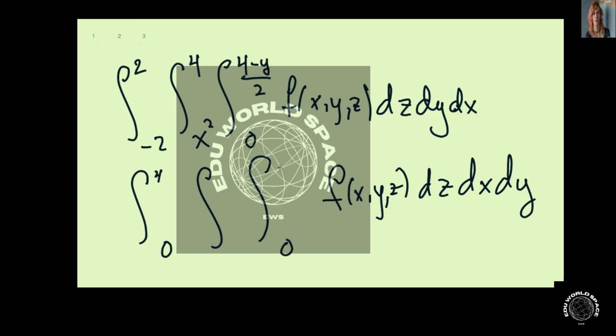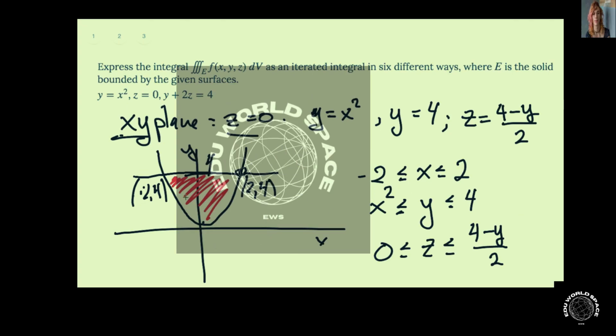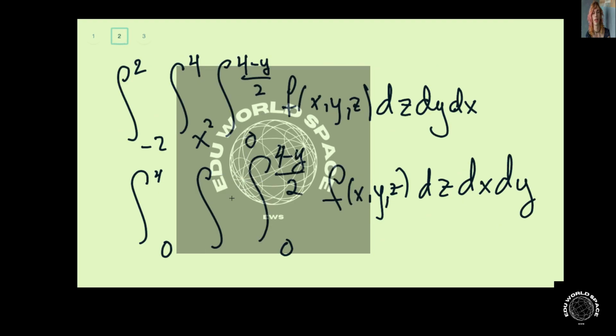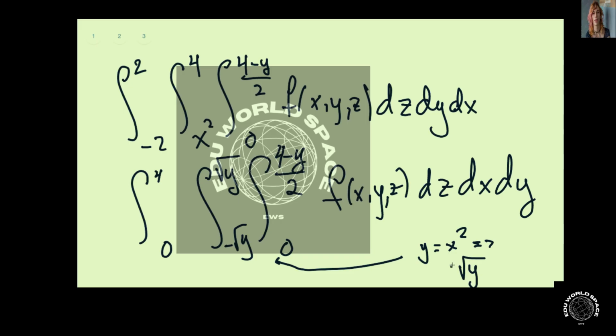These guys are still the same. But how is my x changing now? If I look at x changing in terms of the region like this, it's pretty obvious that it's going to be changing like this. If y is equal to x squared, then plus or minus square root of y is equal to x.